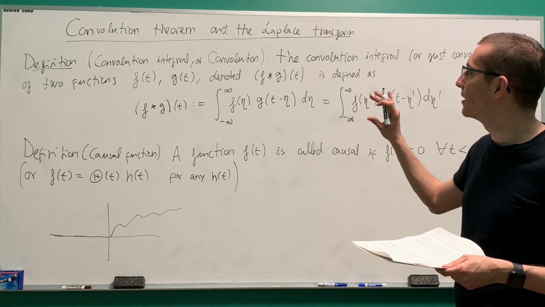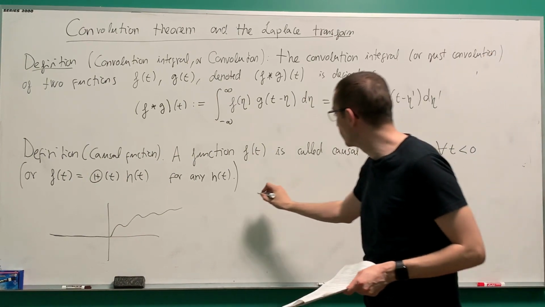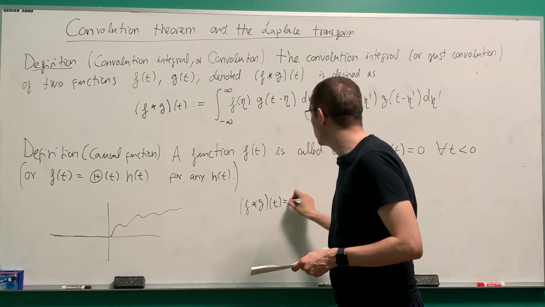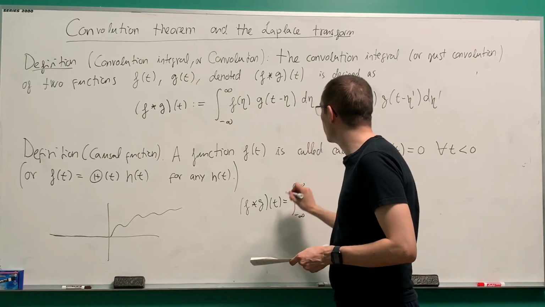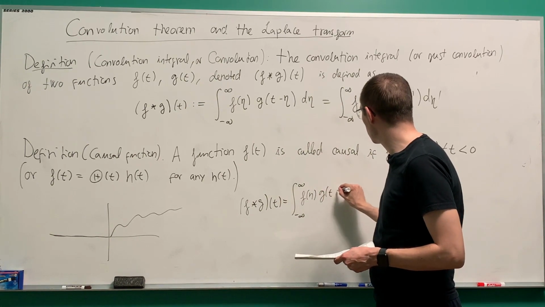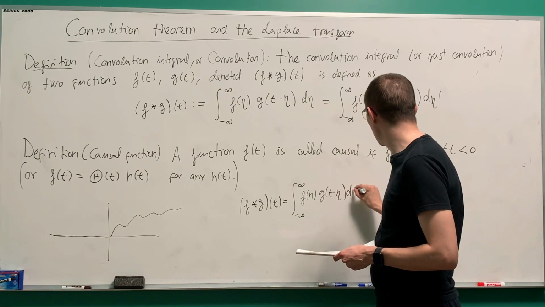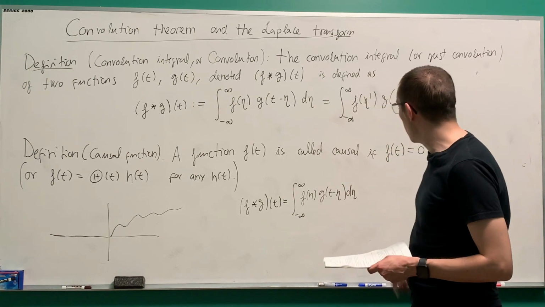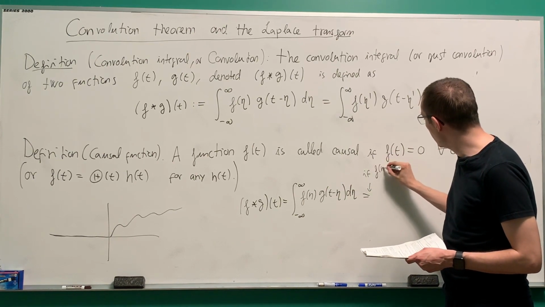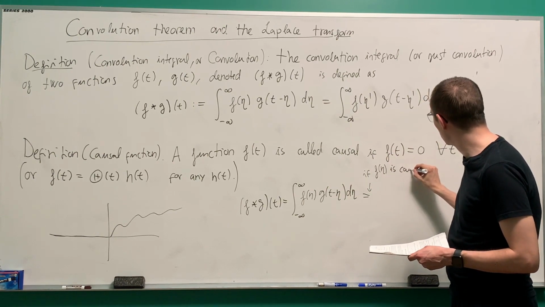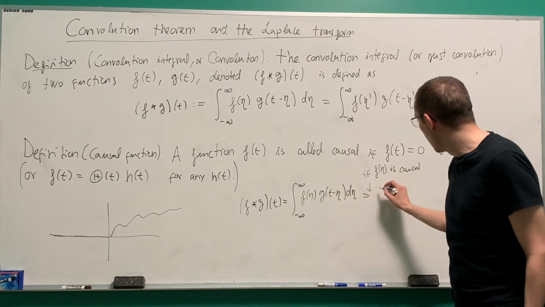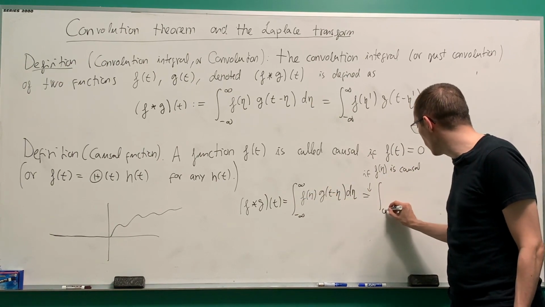Let's introduce the convolution of two causal functions. So now, f star g of t, let's just write the full definition: the integral from minus infinity to infinity of f of eta, g of t minus eta, d eta. Now, if f of eta is causal, that means that it is zero for negative values of eta, I can remove from the integral all the negative values.